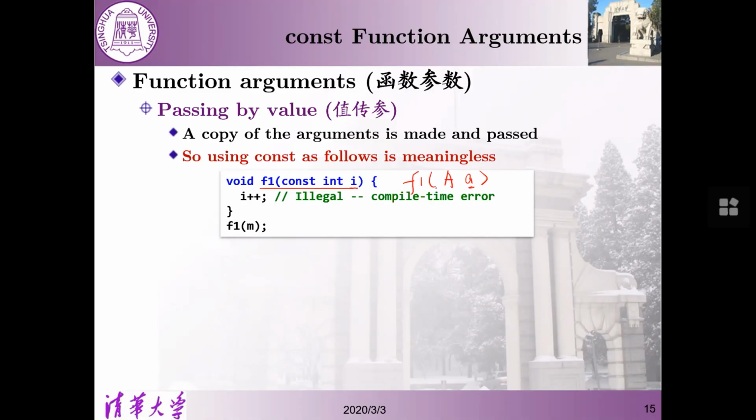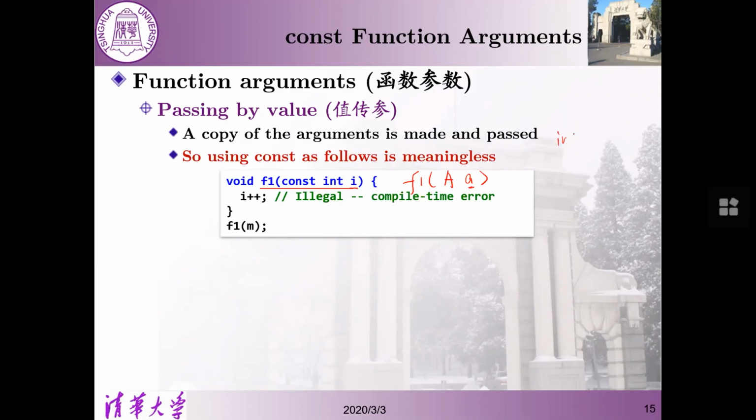Then when we call this function, a copy of the arguments is made and passed into the function. What does it mean by a copy?